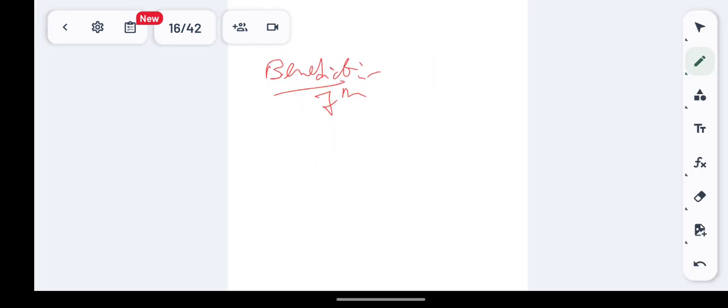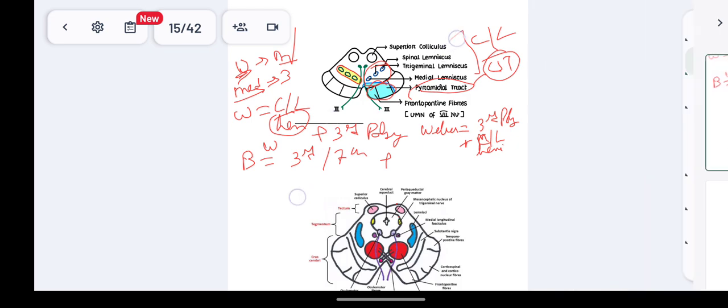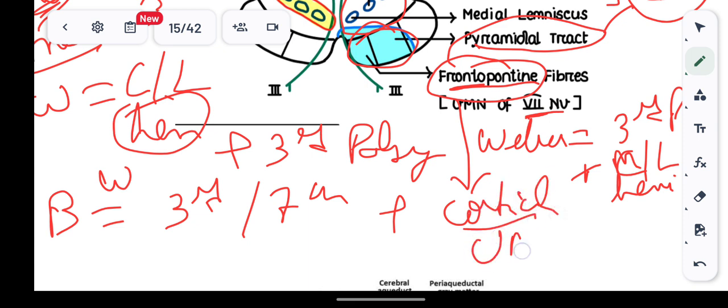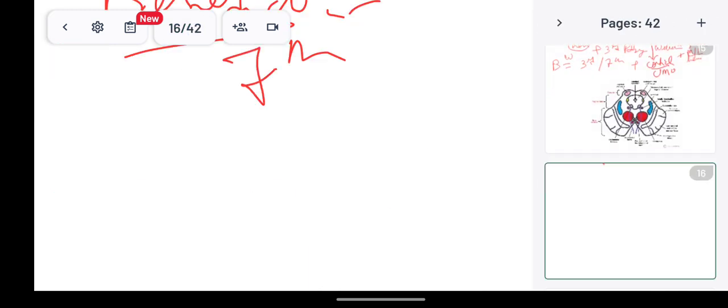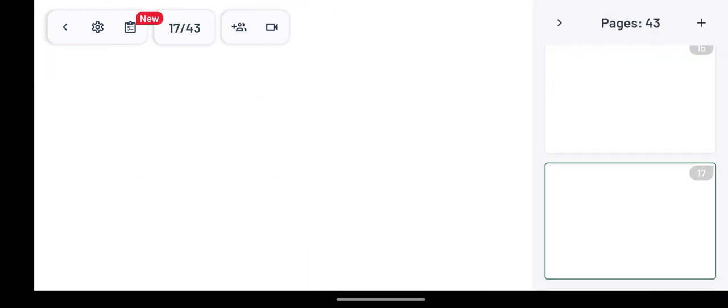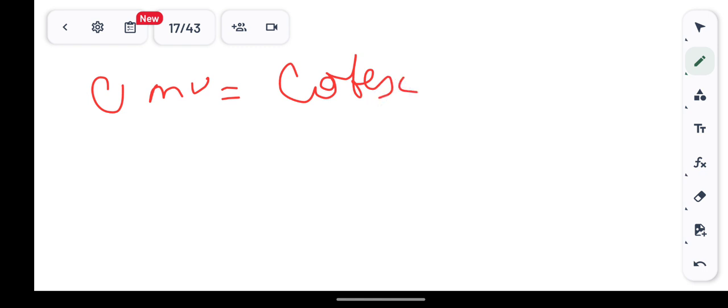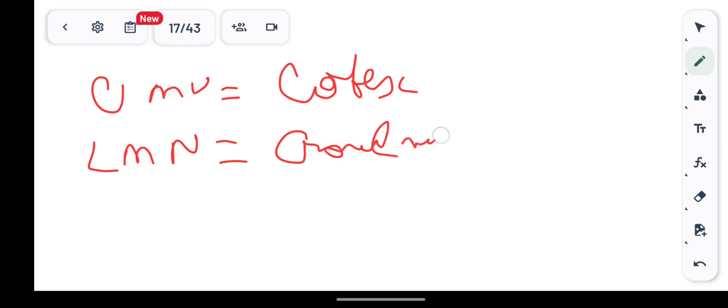See in the diagram, we have written here frontopontine fibers of the seventh nerve. What is frontopontine? These are the cortical fibers, and cortical fibers, as we know, are the upper motor neuron fibers. Just remember what the upper and lower motor neurons are, we will briefly discuss here. Upper motor neuron is cortex fibers, and lower motor neurons consist of the cranial nuclei or anterior horn cell plus the nerve starting from that.